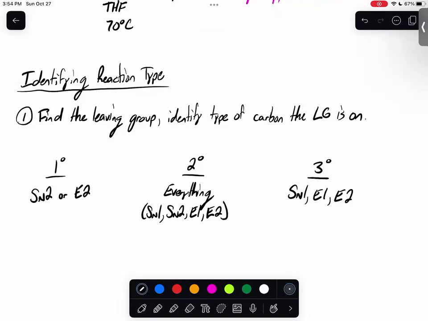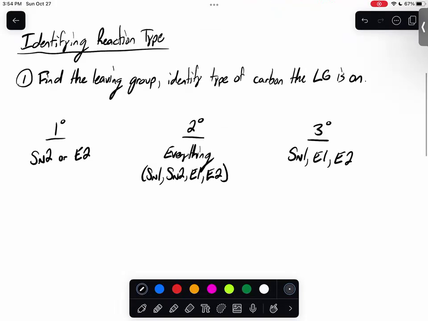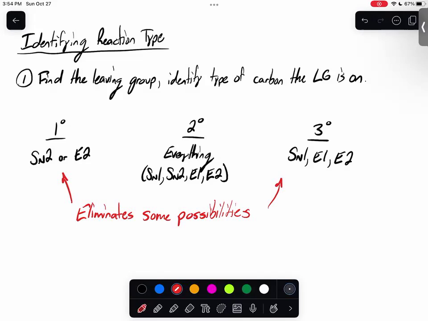Now, with all of that being said, the main purpose of figuring out what type of carbon the leaving group is on is that if it's a primary or a tertiary, it eliminates some possibilities. Now, it doesn't eliminate all of them, right? Especially not on a secondary where everything can occur.